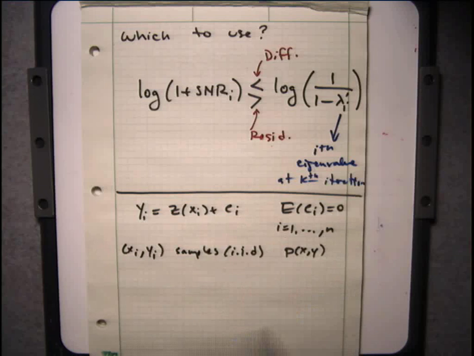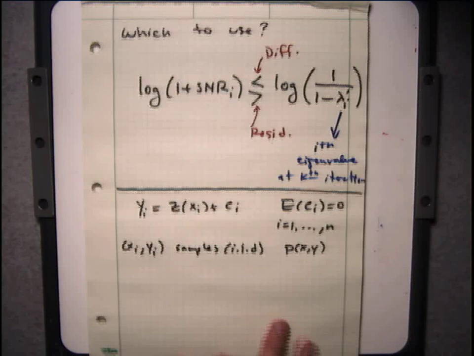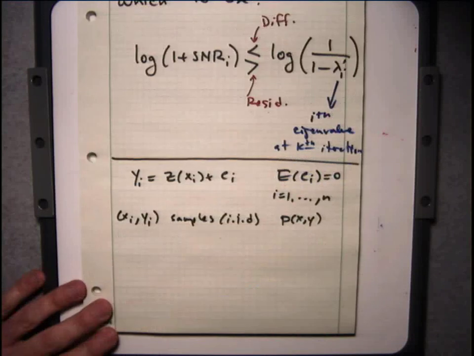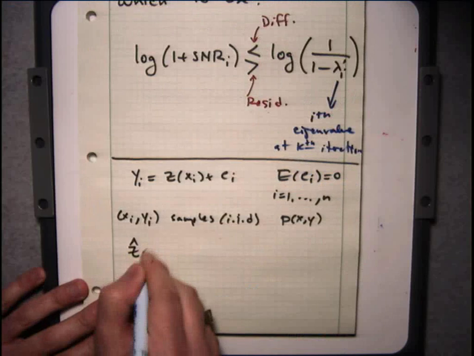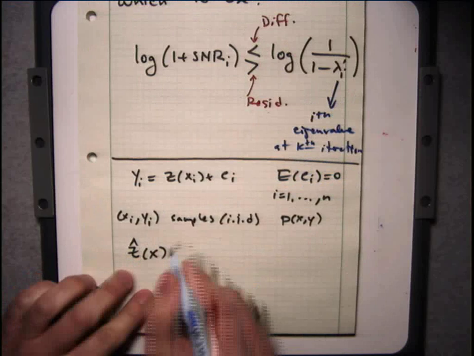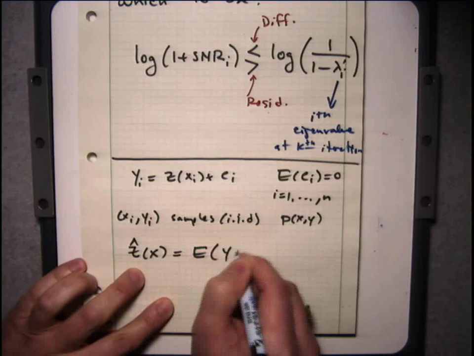Okay. Now the thing is, in the non-parametric framework, we don't actually know what this is, right? But let's put that aside for a second. Let's say we know what this is. Okay, so now suppose with this description I wanted to estimate z hat at some position x using the Bayes formulation. Okay, what's the Bayes formulation? Z hat of x is the expected value of y given x, right?